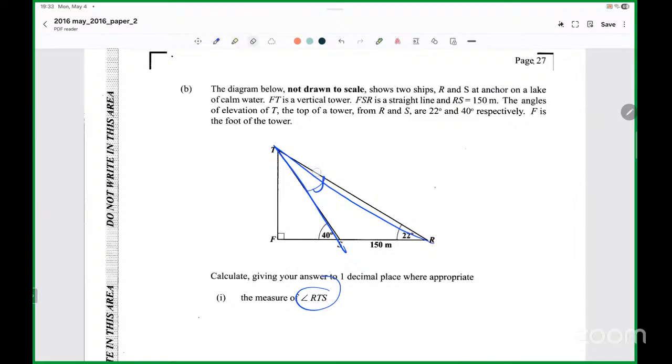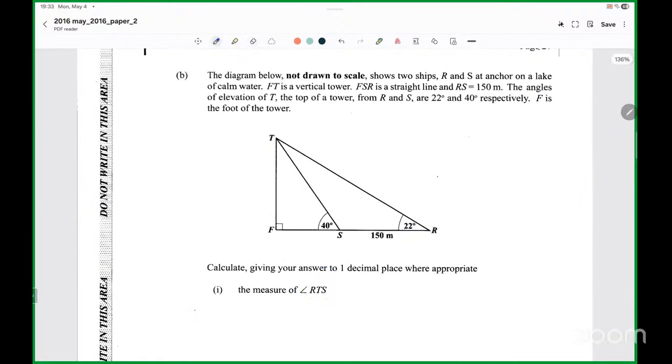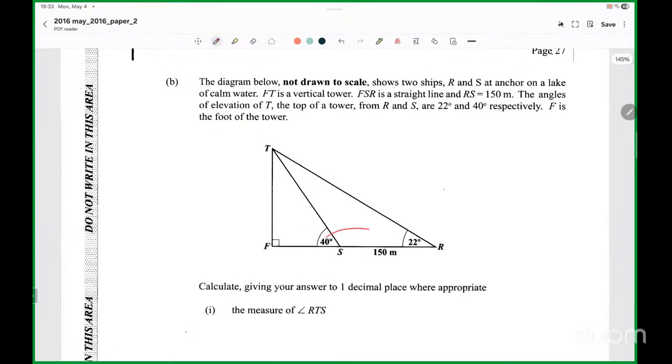So easy. Remember, I told you. This angle out here will always be equal to the sum of those two. That angle over here is equal to the sum of those two. An exterior angle is equal to the sum of the two opposite interior angles.